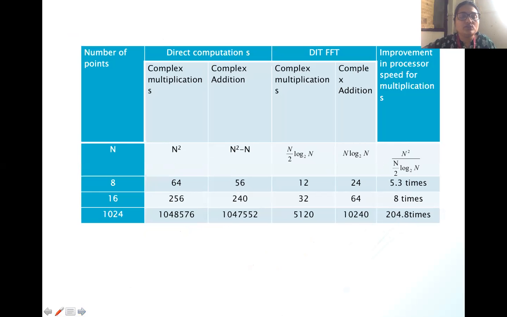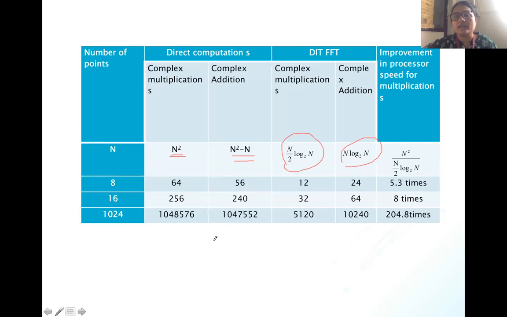When I use direct computation, I have to perform n square complex multiplications and n into n minus 1 complex additions. But when I use the DIT or DIF algorithm, the computations decrease for complex multiplication as well as for complex addition.